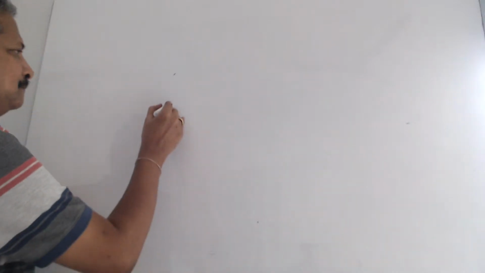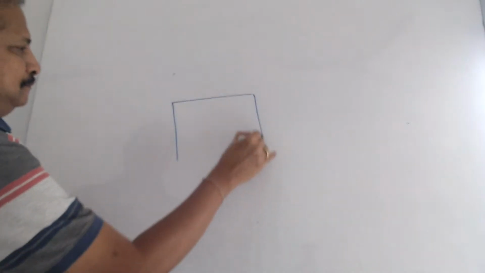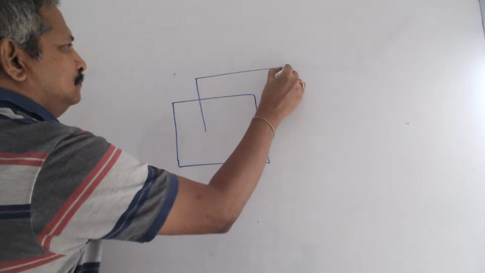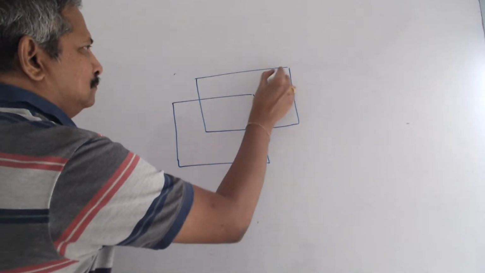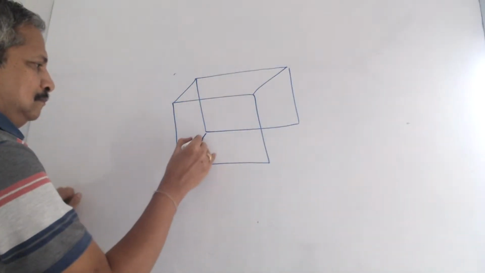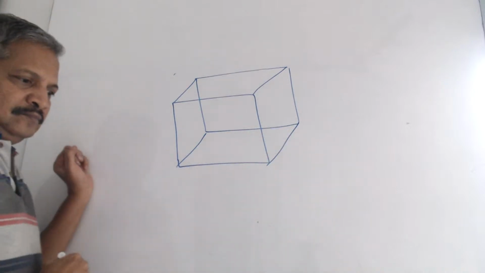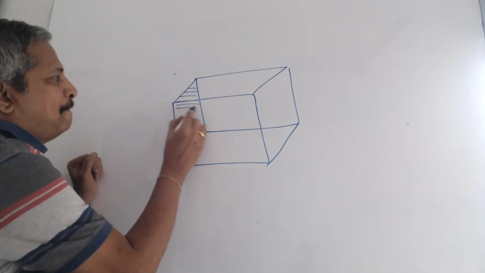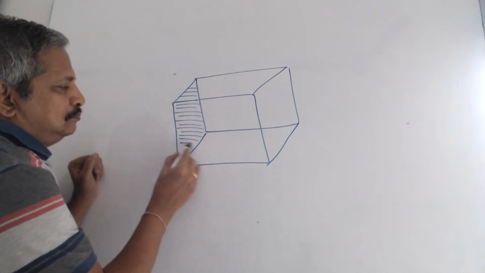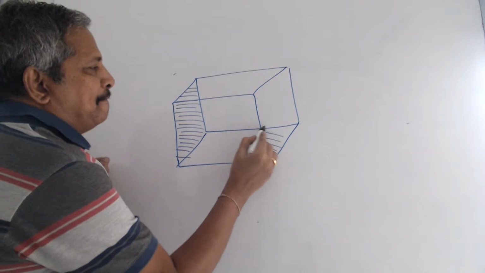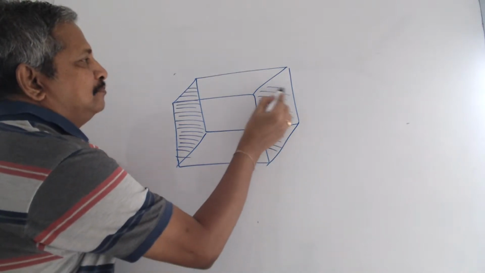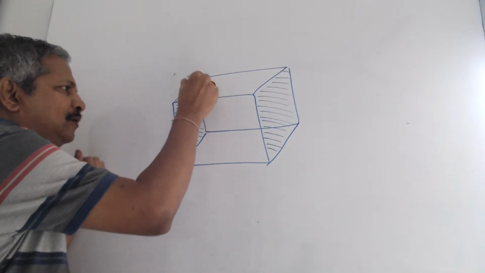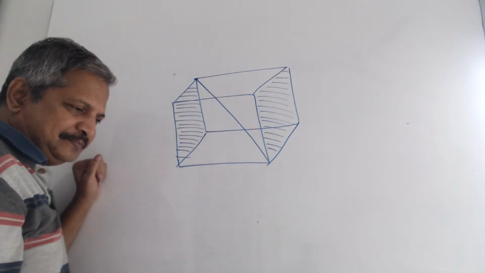Another thing is, this is a cube. If you take in this cube from here to here, it is called a diagonal of a cube.